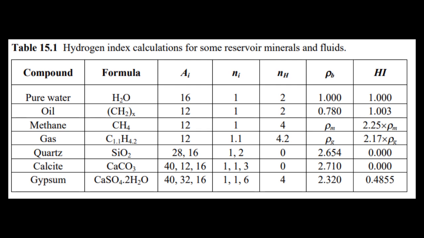So if we have a clean limestone fully saturated with water that has some porosity, the hydrogen index is going to be directly proportional to porosity. For a clean water-filled limestone with 20% porosity, the neutron tool should approximately see a hydrogen index of 0.2, and this is why the neutron log can be displayed in porosity units. But this relationship only works under perfect and ideal conditions.